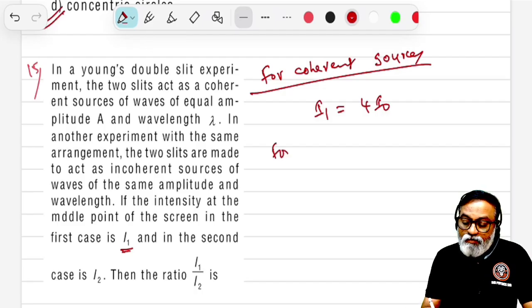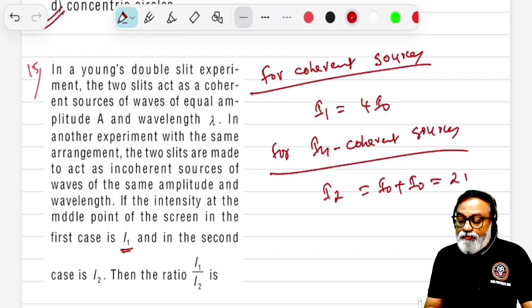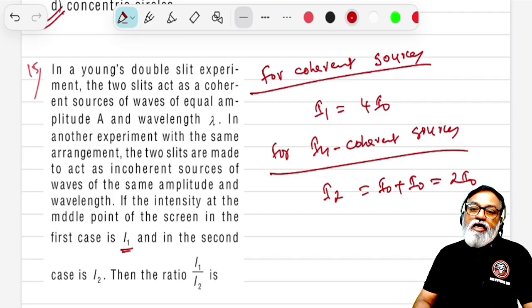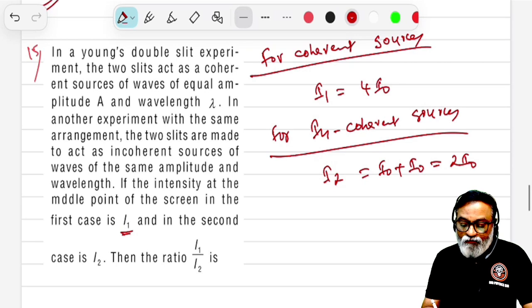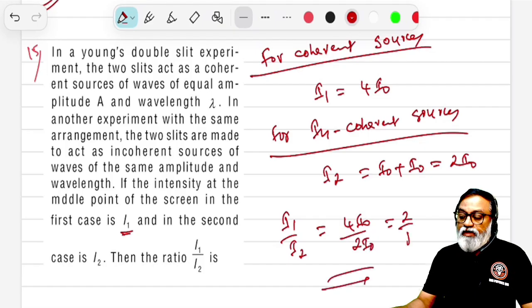For incoherent sources, the resultant intensity I2 is equal to, here both the source slits have the same width, therefore I0 plus I0, this becomes 2 I0. Here there is no phase difference. Generally we have to add the intensities, I0 plus I0. Therefore, I1 by I2 is equal to 4 I0 by 2 I0. This becomes 2 by 1.